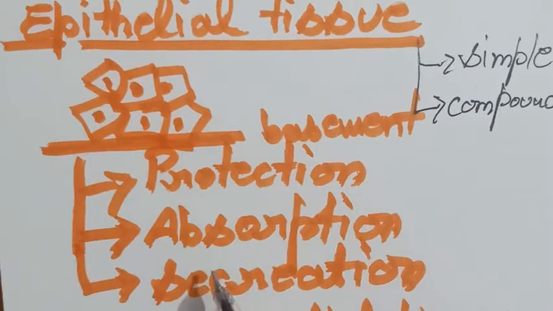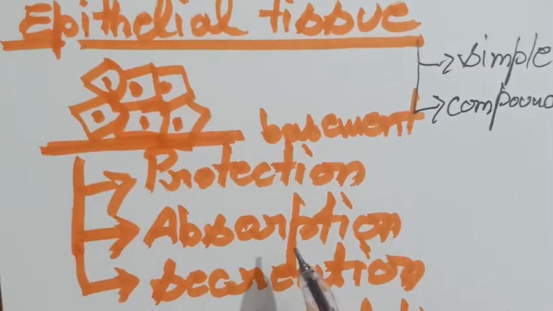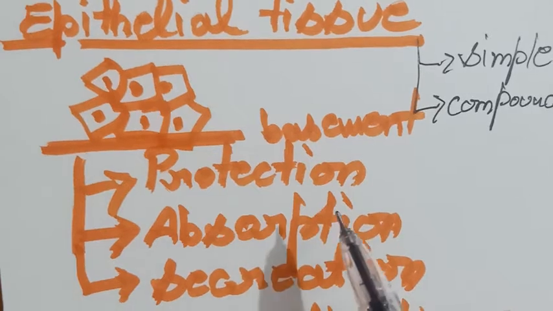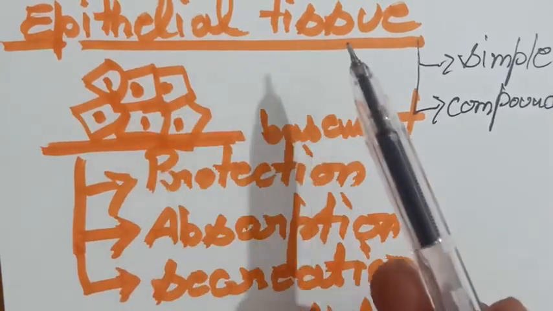So back to its function, the primary function is protection, means they cover all the organs from the outside. For example skin, so our skin is also an epithelial tissue.